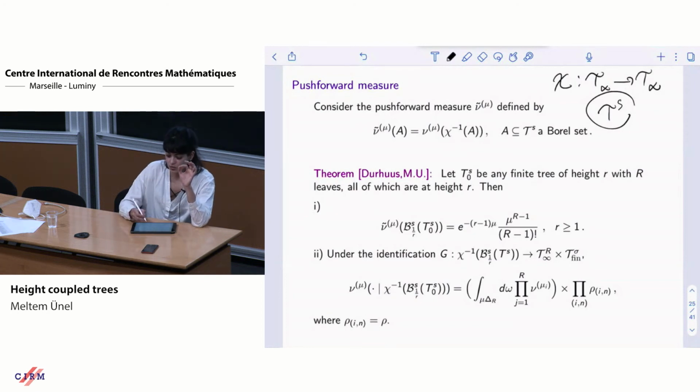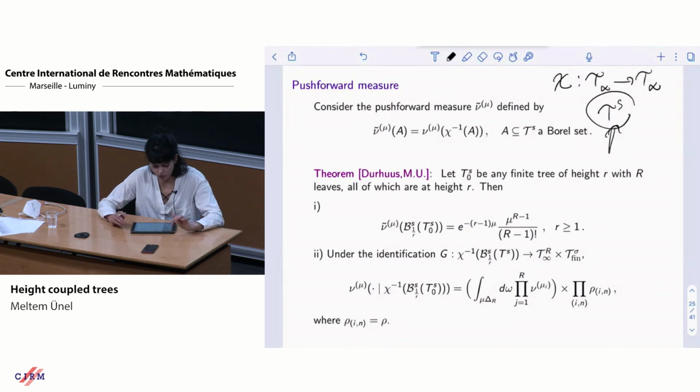This was a Borel measurable map, so I can now consider the push forward measure on the set of spine trees. And if I look at this push forward measure, I can also try to understand what it looks like. So this is a measure that is supported on TS, and it has these two properties that are given here as 1 and 2.